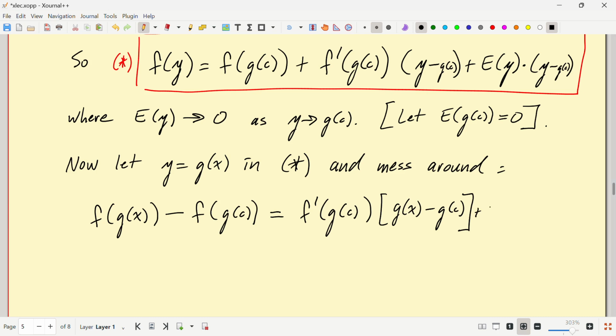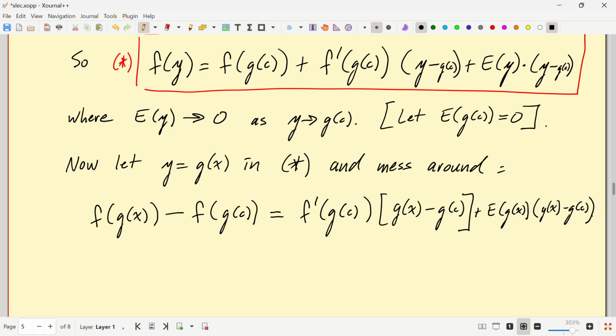And I have an e of g of x times g of x minus g of c. Okay, so all I did was rewrite star, pull that one term to the left, and replace the y by a g of x.